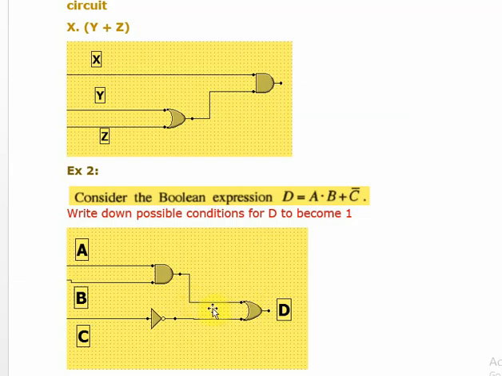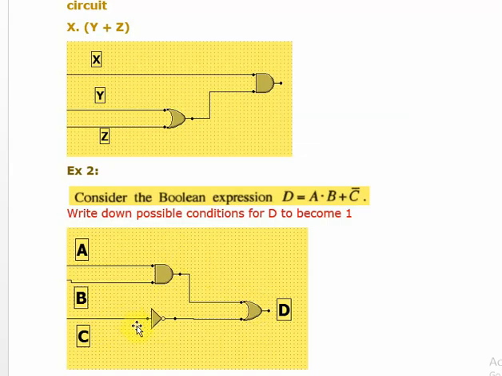Let's say this is 1. Then we don't care about this. So for this to be 1, A and B, AND gate, no. A should be equal to 1, B should be equal to 1. C can be 0 or 1.